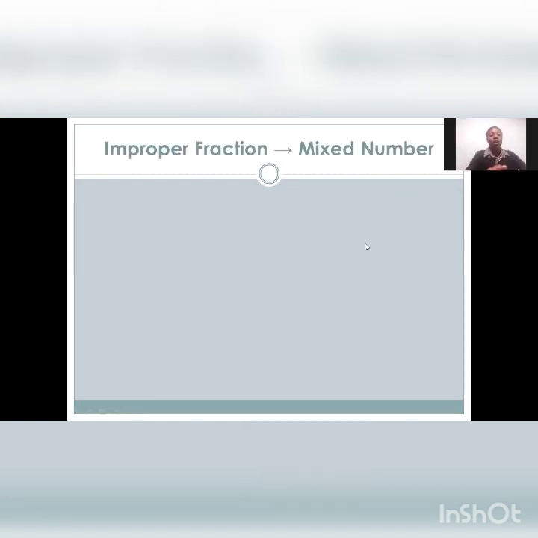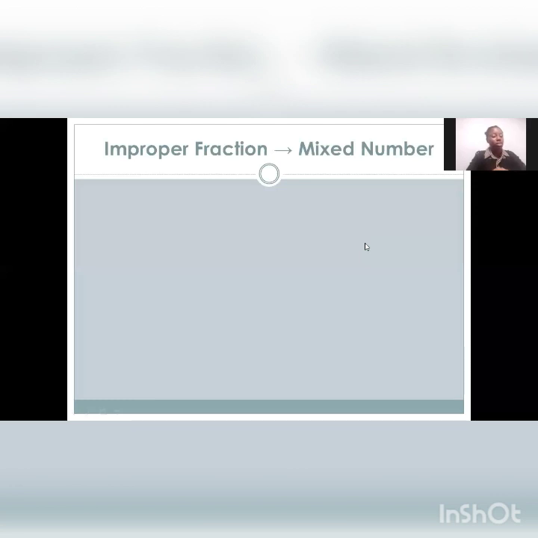And we're going to talk about how to make an improper fraction a mixed number. Just like how we made a mixed number in addition, we had certain steps that we need to follow. The same applies to when we make an improper fraction a mixed number.